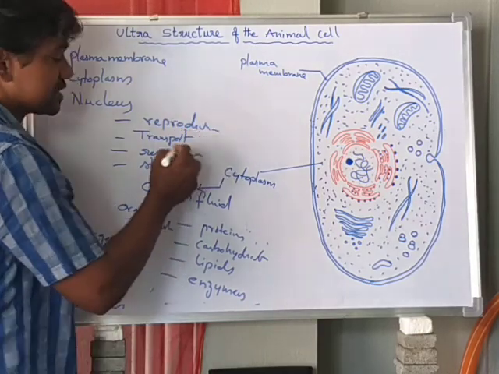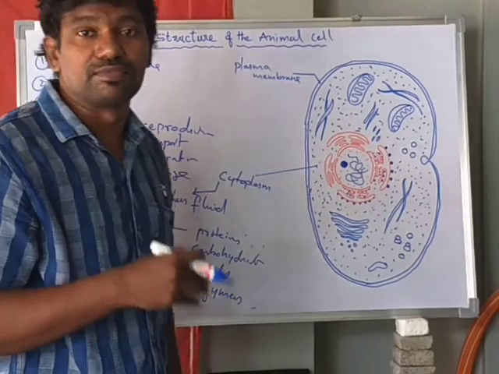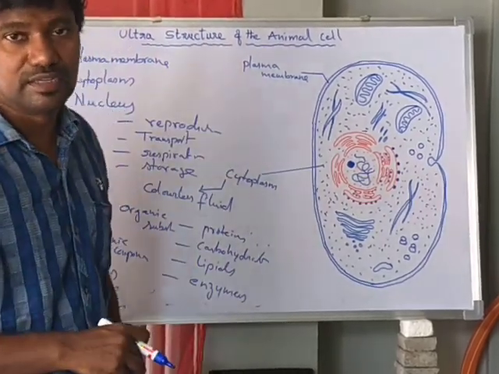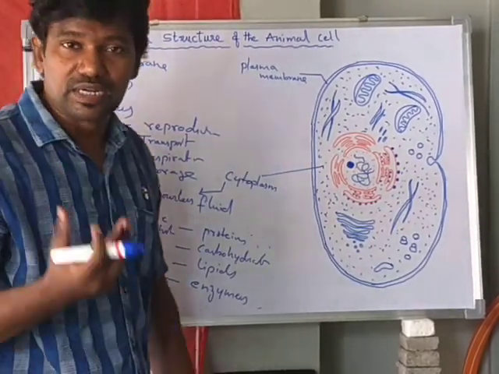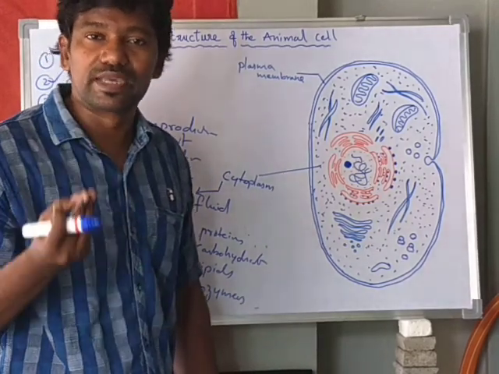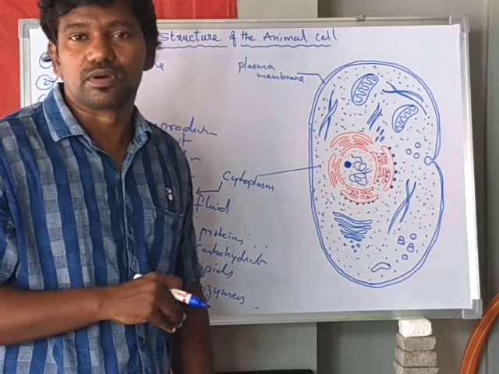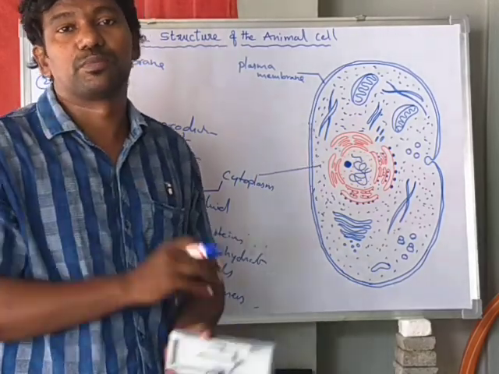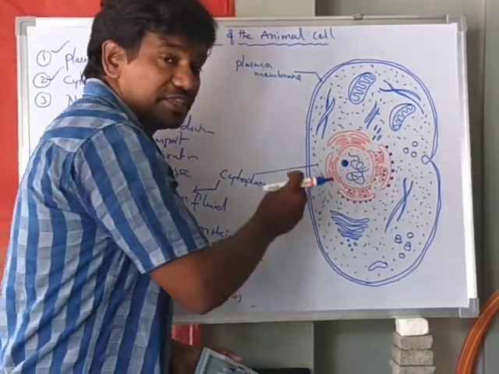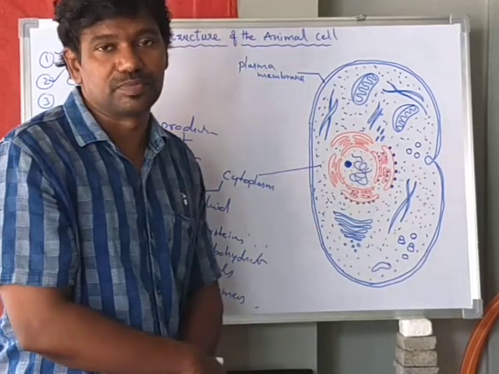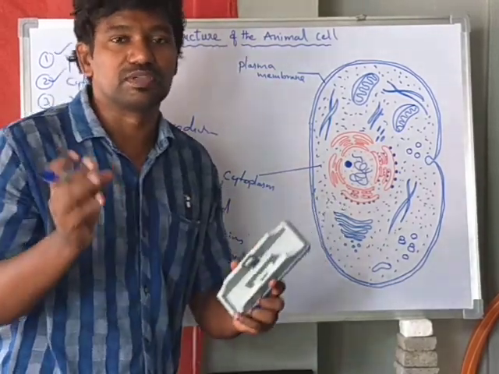These functions are carried out by cell organelles such as mitochondria, lysosomes, Golgi complex, ribosomes, and centrioles. These membrane bound cell organelles are present inside the cytoplasm. So this is about the cytoplasm.